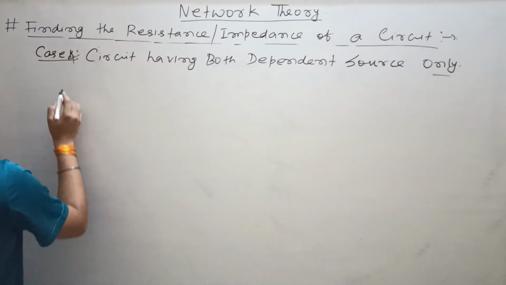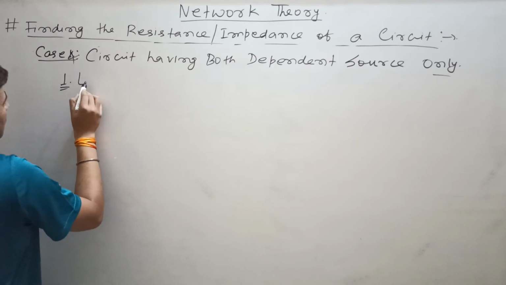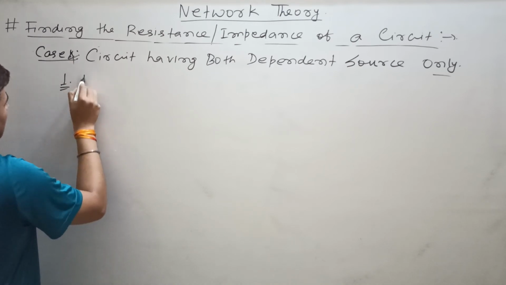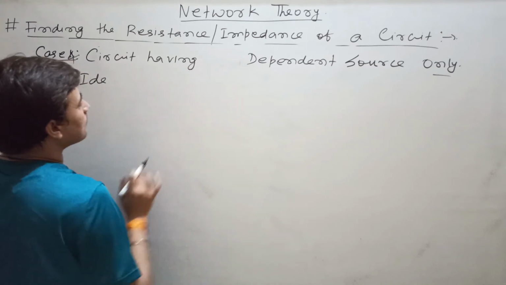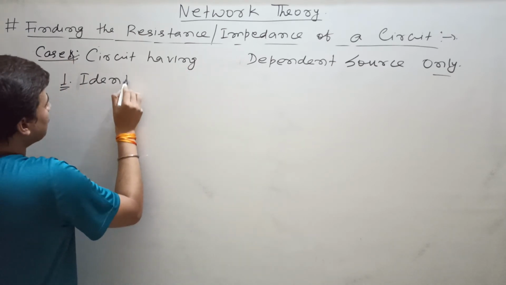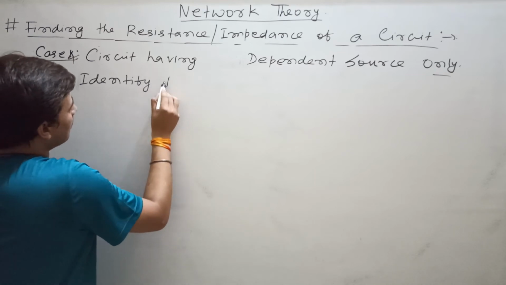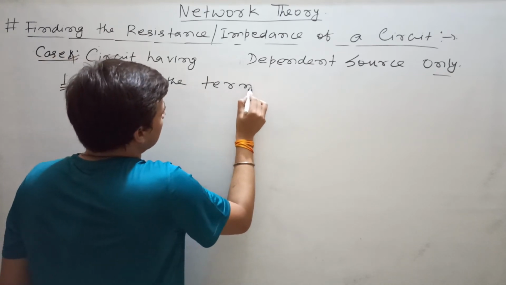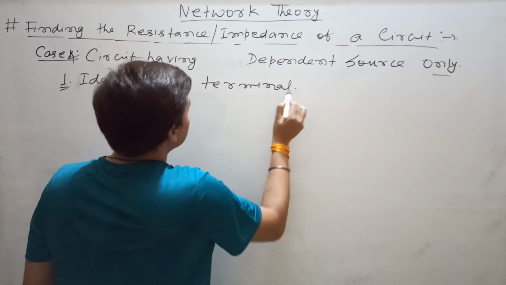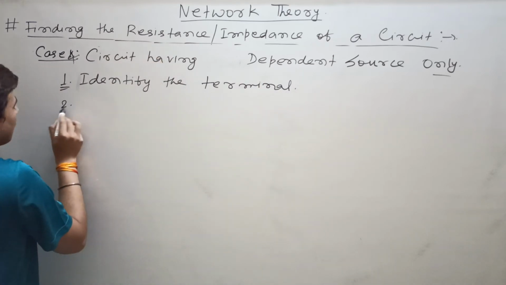The first step is identify the circuit having the dependent source only, identify the terminal.